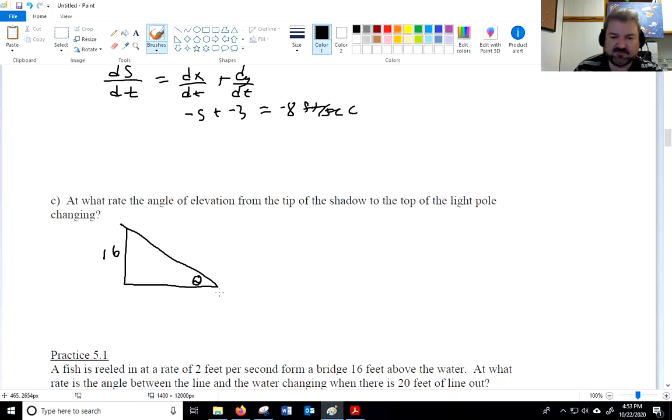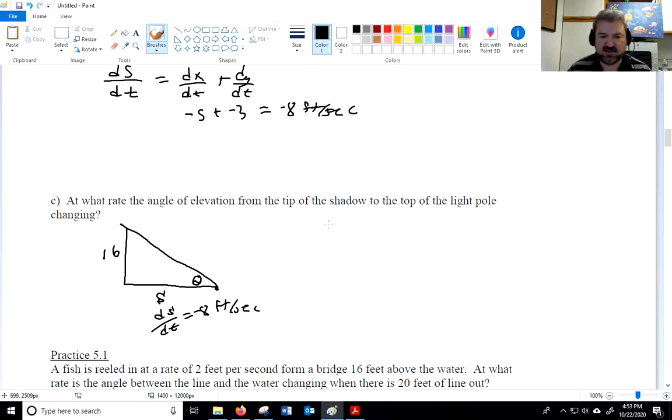And this tip of the shadow, I know earlier I called it x, or ds or something like that. But I usually call this x, y, and z. Oh, well, fine. I'll call it s. Might as well be consistent, right? So that's s. Well, we found in the previous problem that ds/dt is equal to negative 8 feet per second. So we want to use this constant. We want to use this length here.